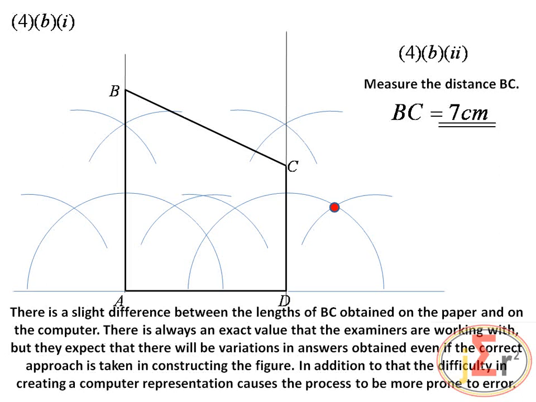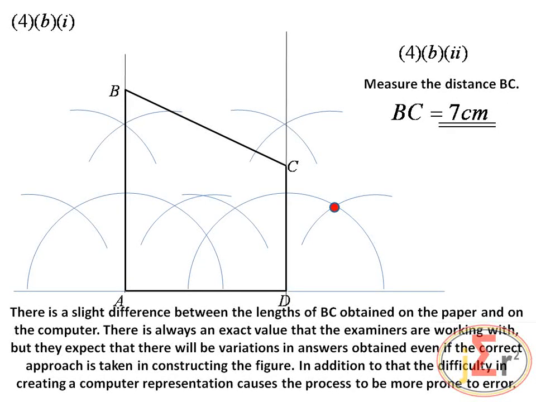There is a slight difference between the length of BC obtained on this paper and on the computer. There is always an exact value that the examiners are working with, but they expect that there will be slight variations in the answers obtained, even if the correct approach is taken in constructing the figure.